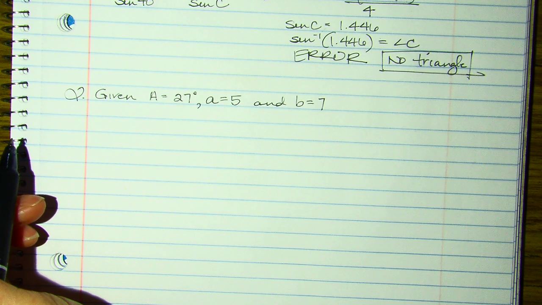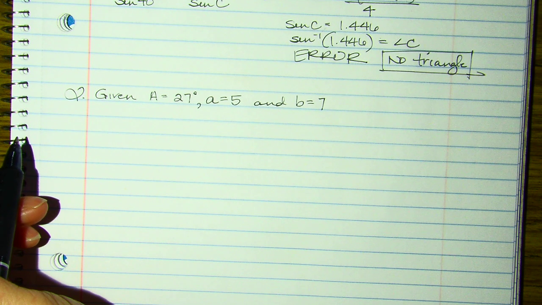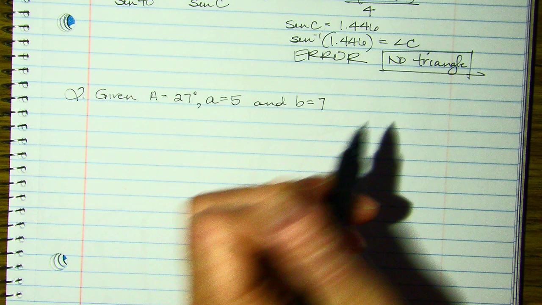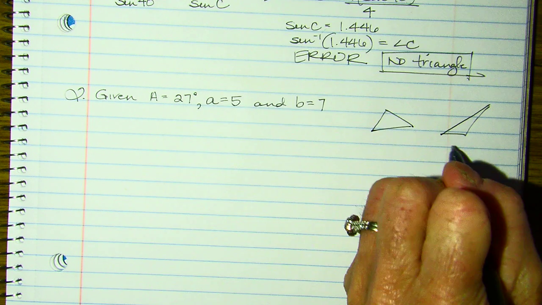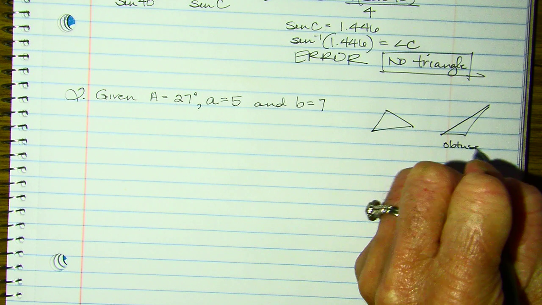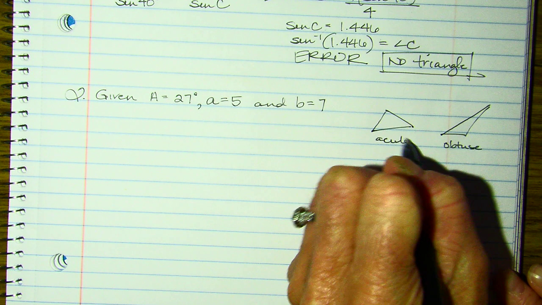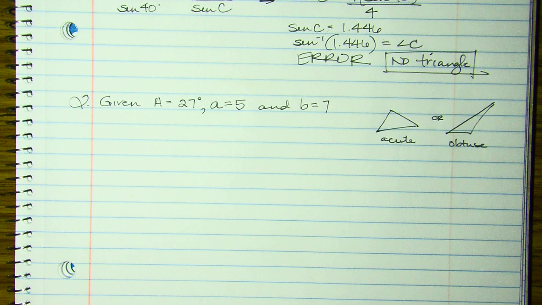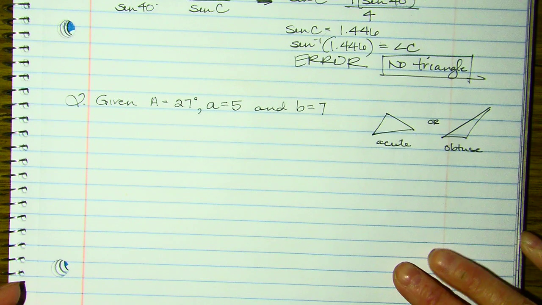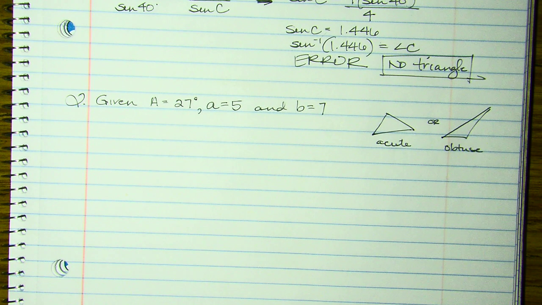I could have an acute triangle, or I could have an obtuse triangle. I have 2 possible triangles that I could draw given these dimensions. So we're just going to go ahead and find all of our missing pieces.